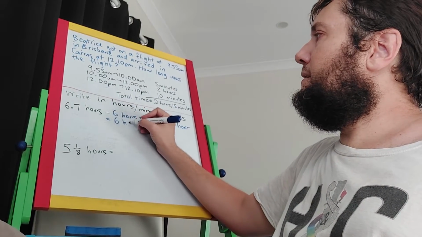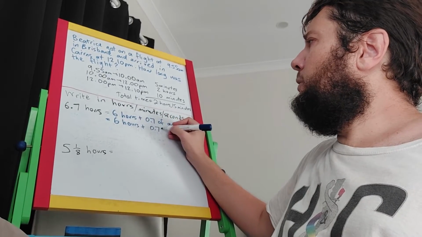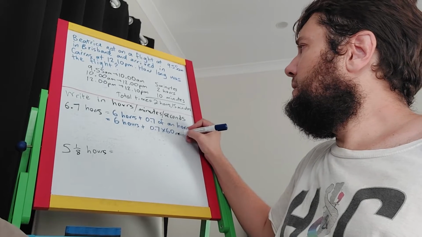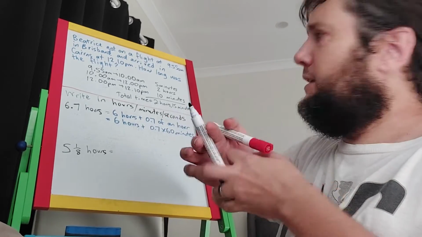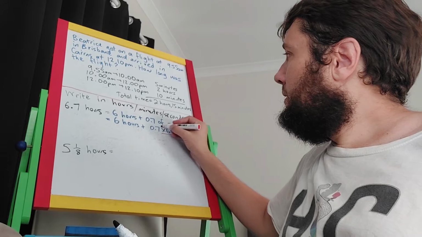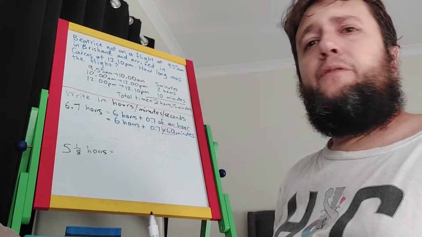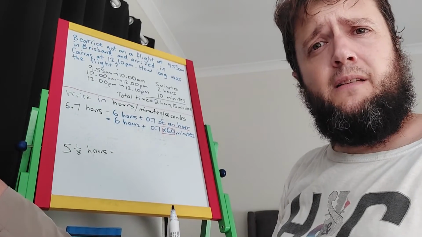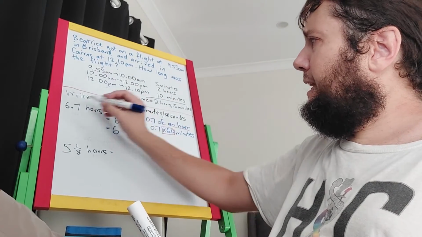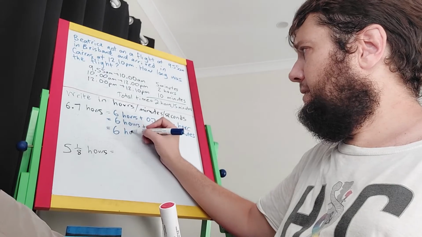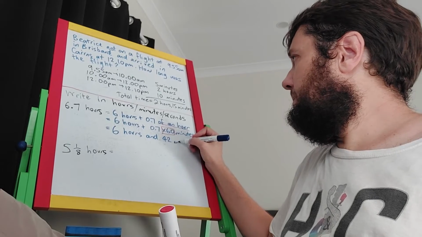Essentially now you can think of it as 6 hours plus 0.7 times 60 minutes, because an hour is 60 minutes. So in effect, another way of writing of an hour there is to write multiply by 60. And if you do this, you'll find 6.7 hours is indeed 6 hours and 42 minutes.